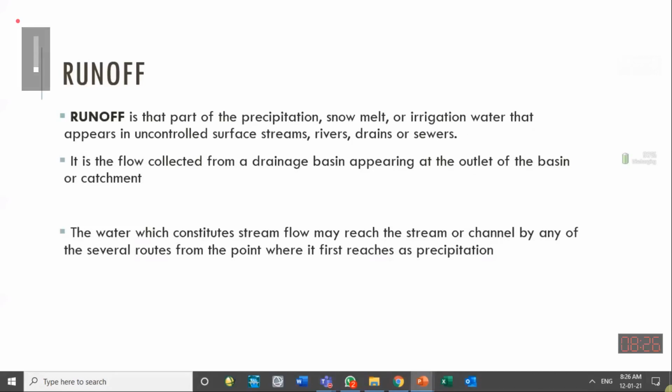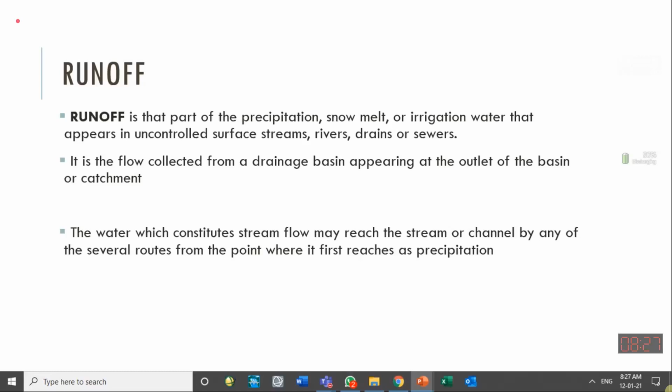So one is glacier melt, one is snow melt. Differentiate between these two, as both have a different rate of melting. Snow melting is relatively quicker. Ice melting takes time because it is more solid, more permanently located there.